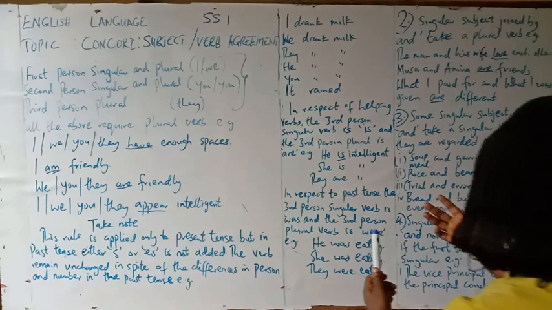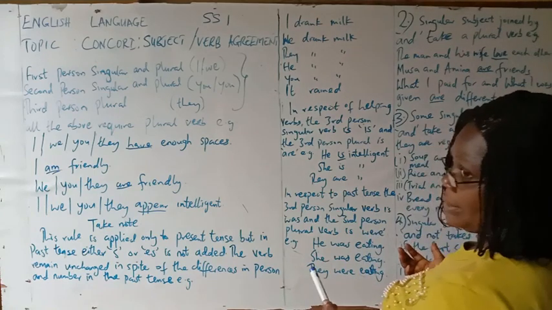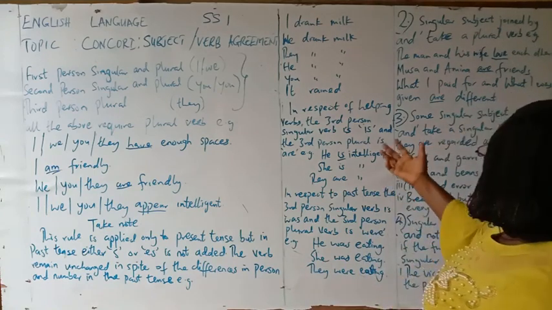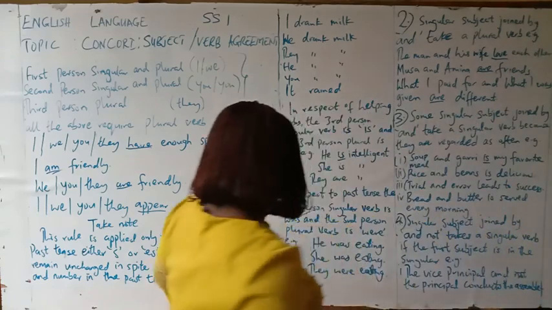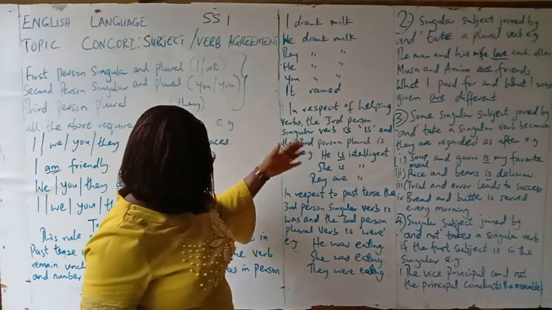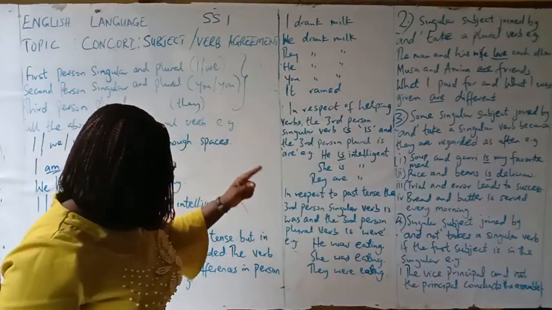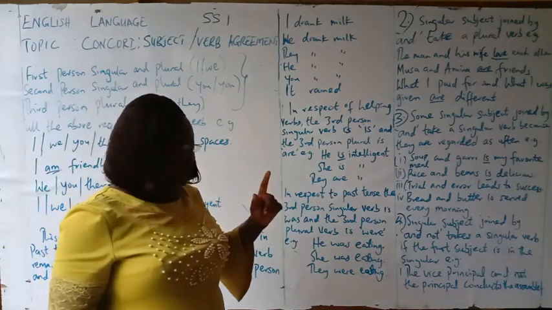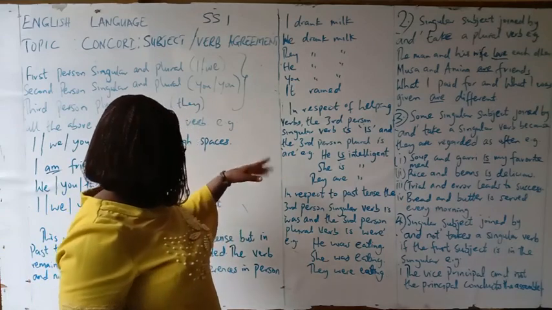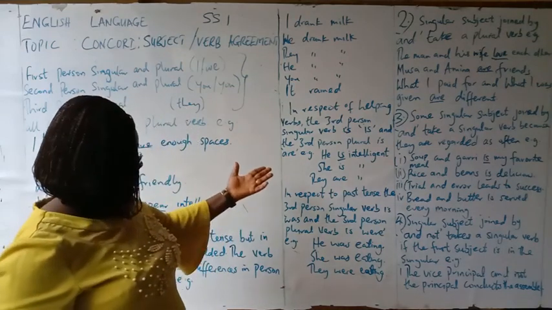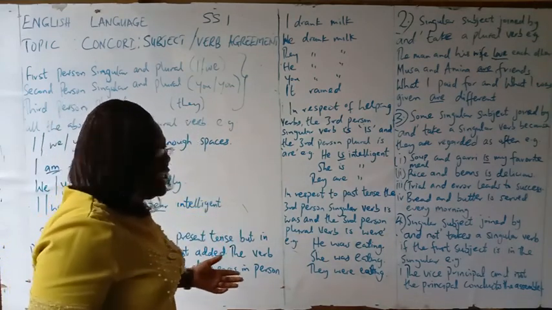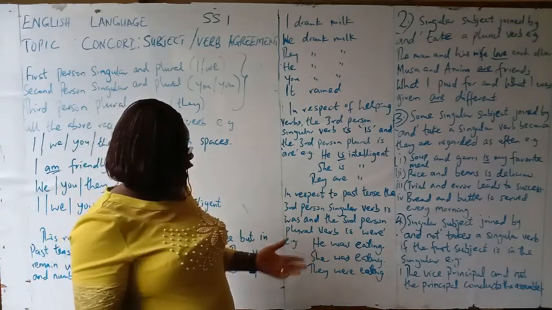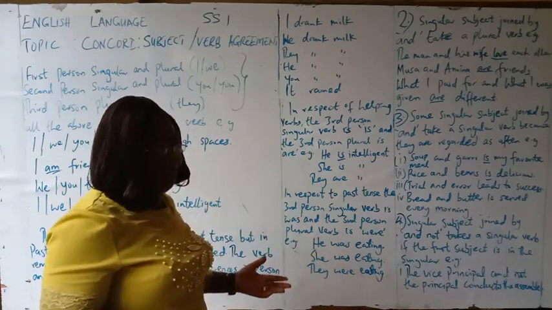In respect of helping verbs, the third person singular is "is", and the third person plural is "are". For example, he is intelligent. She is clever.